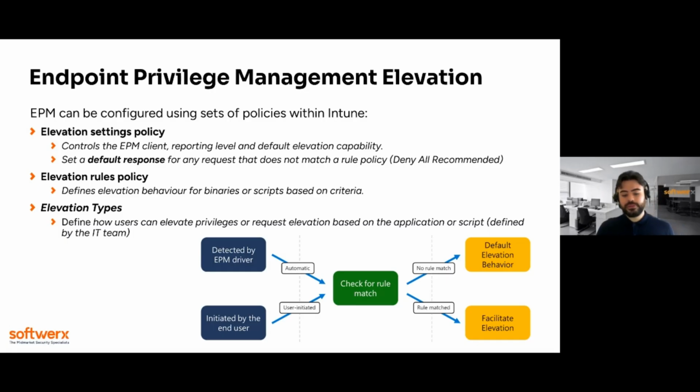At the point of that happening, the EPM client will go for the rule match, so it'll start to match the rules to the Intune deployment, and then it will either go through the default elevation behavior, meaning the elevation request is not a predefined application within Endpoint Privilege Management, or it will have a rule match where, for example, support approved, and that will facilitate the elevation based off of what's been defined by the IT team. And that's how that flow ultimately works.